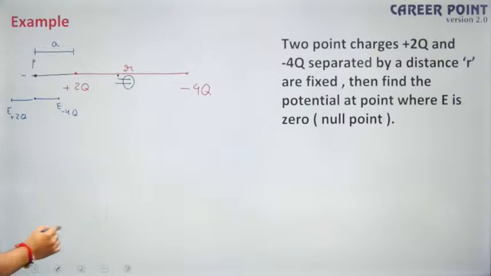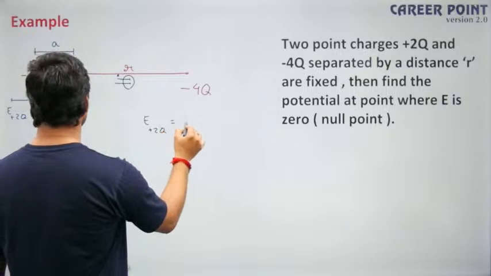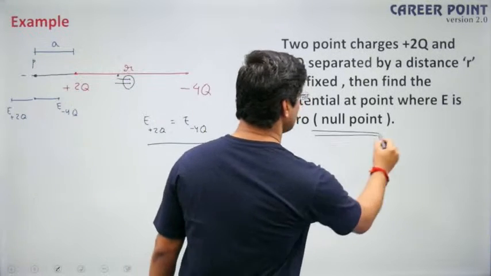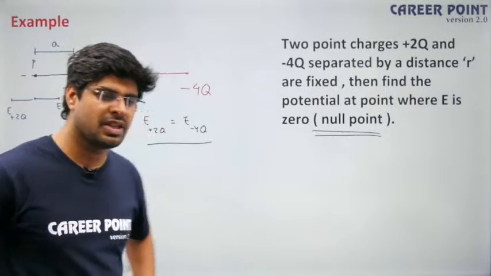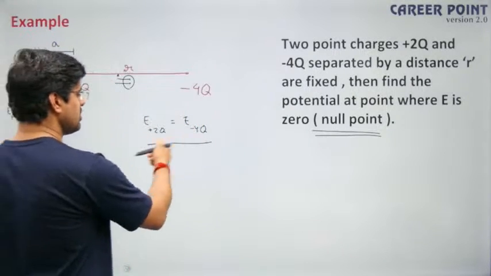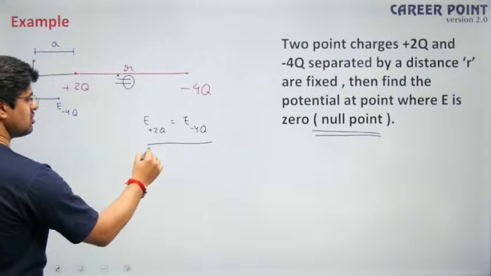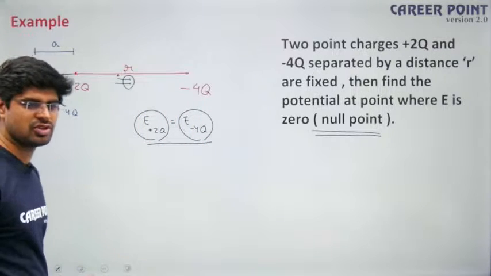Now electric field due to plus 2q equals electric field due to minus 4q, because that's what we have to find now. Null point means where net electric field equals 0. So where net electric field is 0, there I am balancing the magnitude of electric field due to both charges, minus 4q and plus 2q.